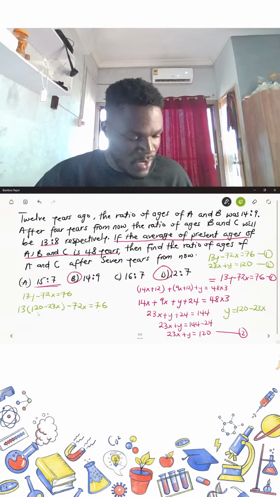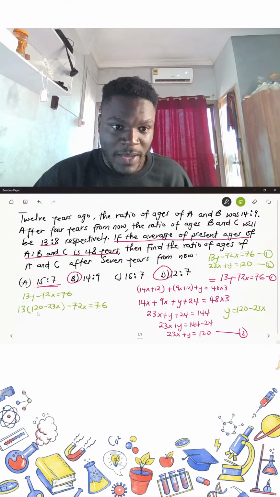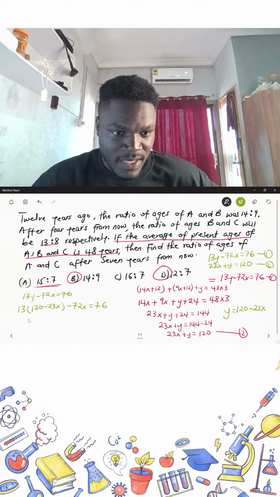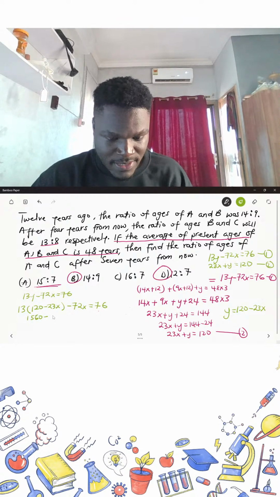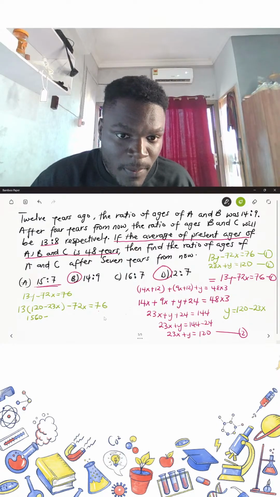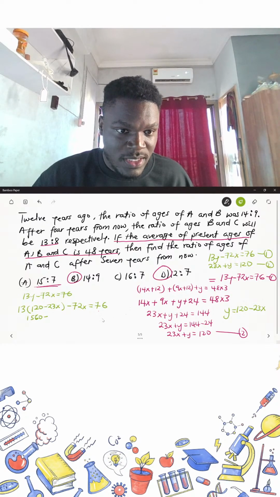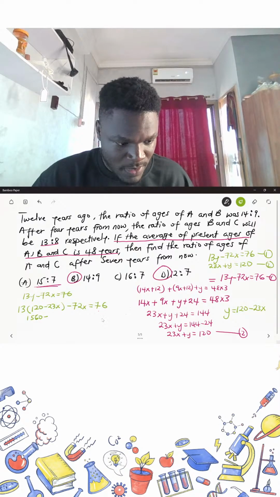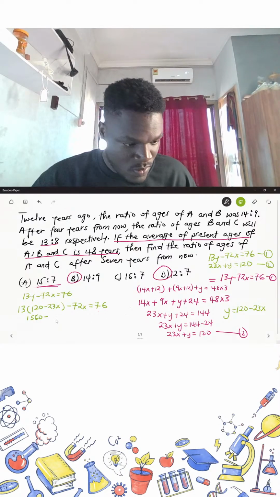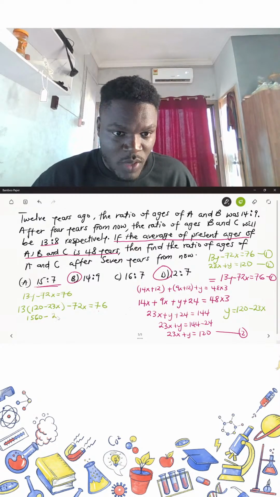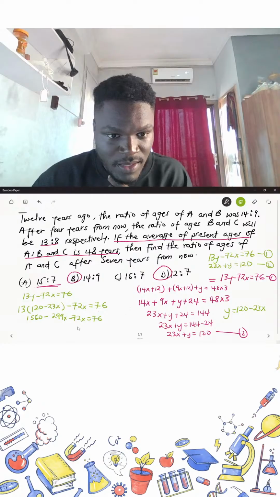So if we do that, we have 13 multiplied by 120. That will give us 1560 minus 23 multiplied by 13. 13 multiplied by 23 will give me 299x minus 72x is equal to 76.